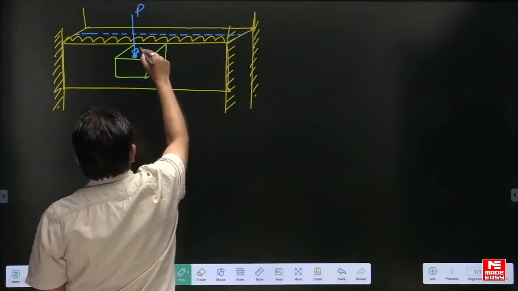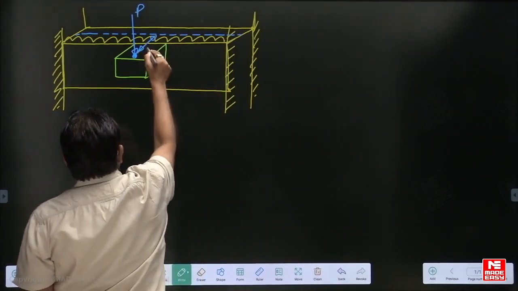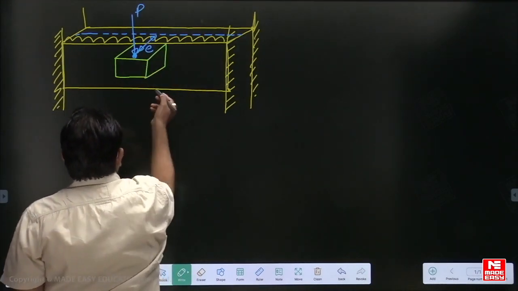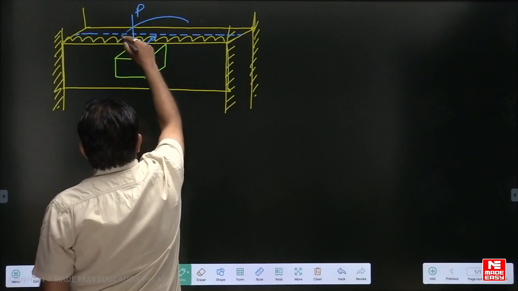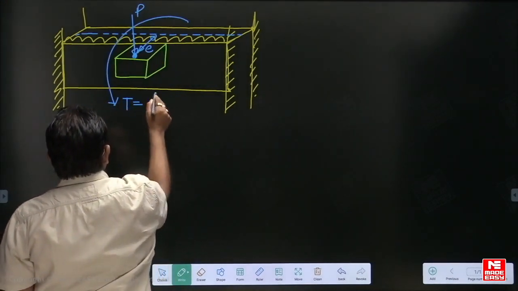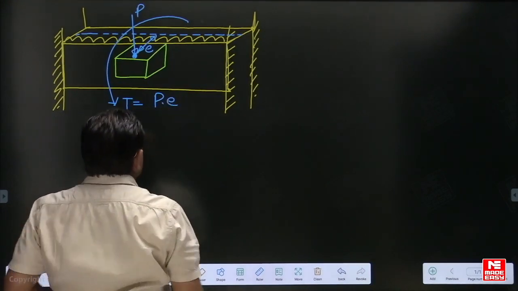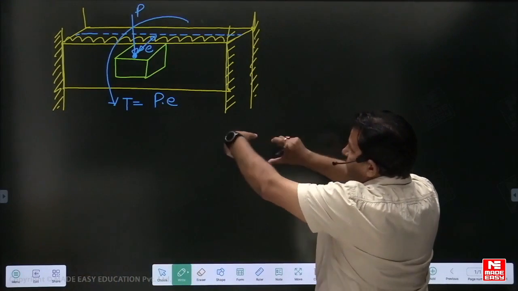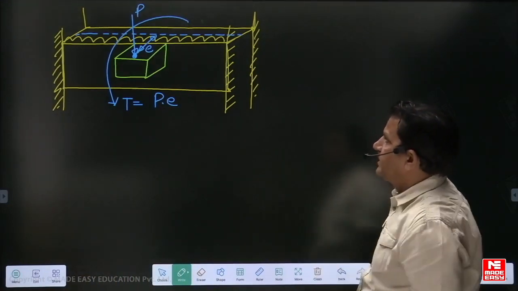This is the center line of the beam, so whatever this distance is, this will become E. So this beam will be subjected to a torsional moment in this direction, and this torsional moment will become T equal to P into E. So the beam will get twisted.